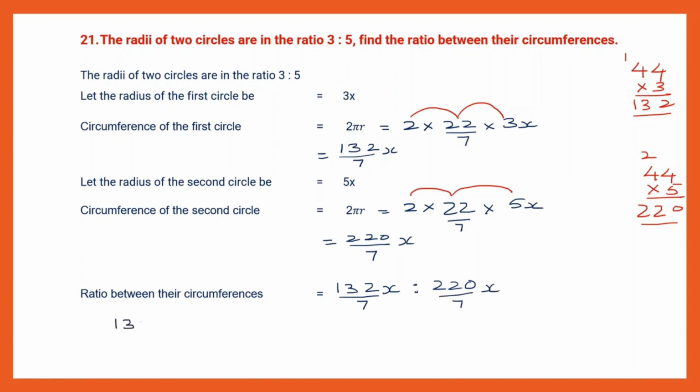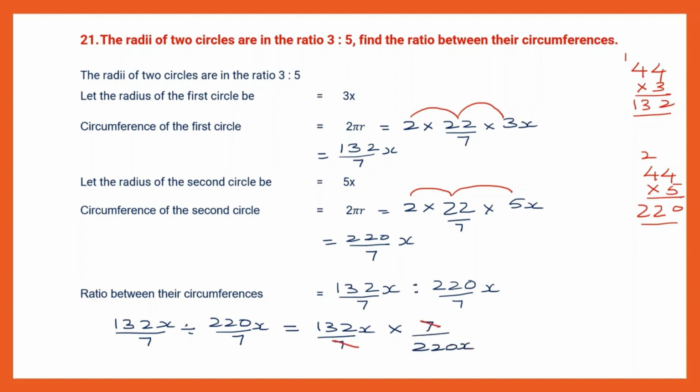So 132x by 7 divided by 220 by 7x. Now this will be 132 by 7x. Division will change into multiplication and I will write the reciprocal of the second fraction. So 7 by 220x.